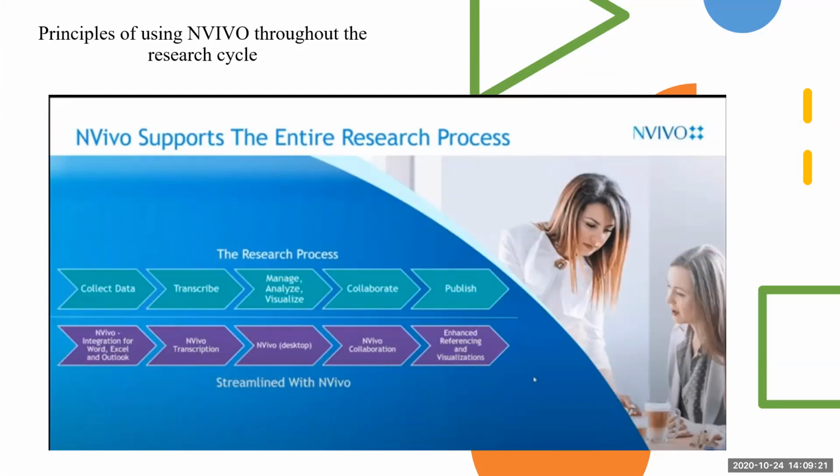Also, NVivo gives us a tool that helps us in transcription. There is an inherited tool in NVivo, but there is a more advanced tool that we can use for transcribing, which is also an added feature. It is not within NVivo itself. Also, of course, manage, analyze, and visualize.